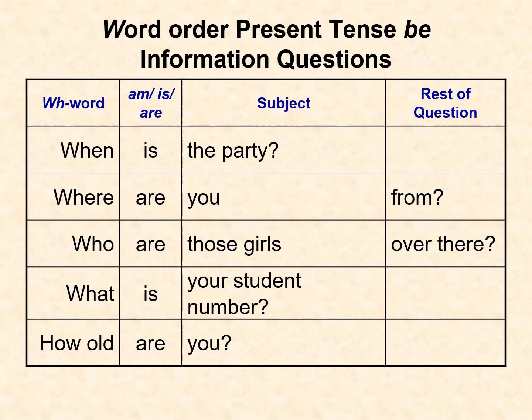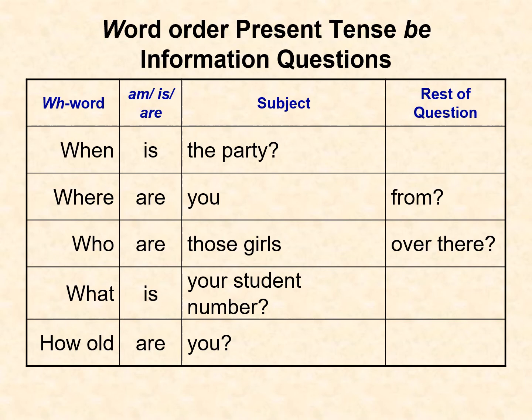The word order for information questions in the present using the verb be, that is am or is or are. We get the WH word. The WH word is usually the first word in the question, but it's possible that there are other words before that WH word.